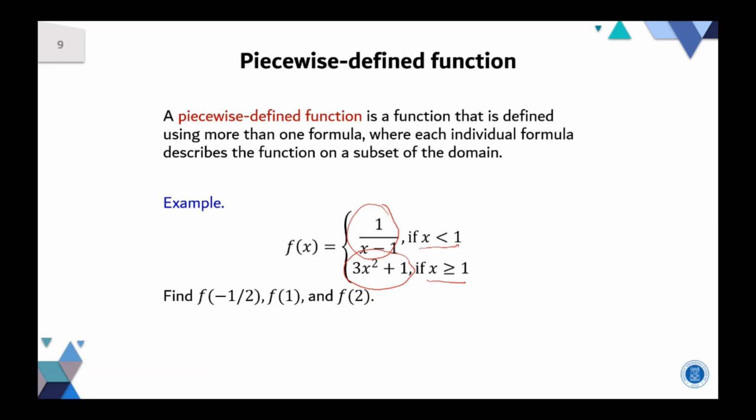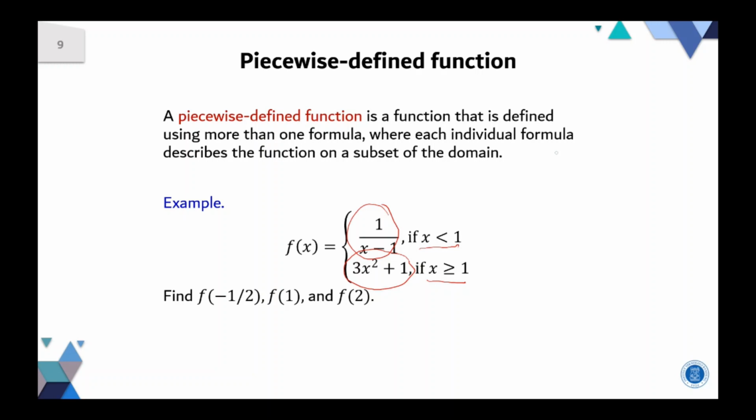All right. So here is an example of a piecewise defined function, where each formula describes the function on a subset of the domain. Here is just an example of a function with two formulas, but of course we can have a function with more than two formulas.